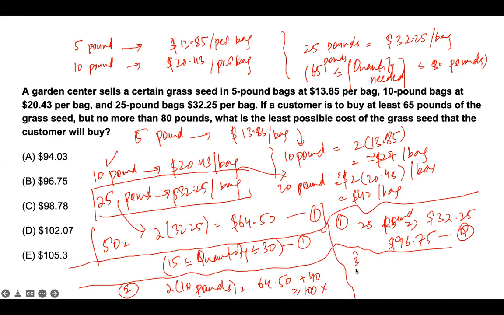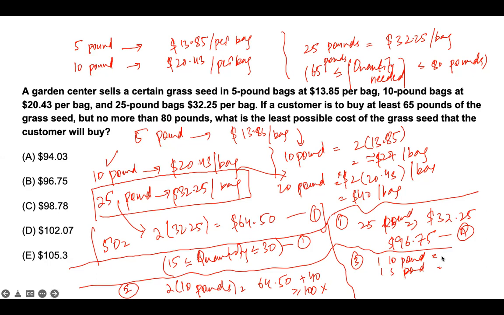And the last option is if I use one 10 pound and one 5 pound. That will be 20.43 plus 13.85.